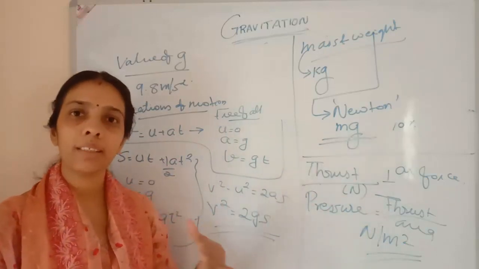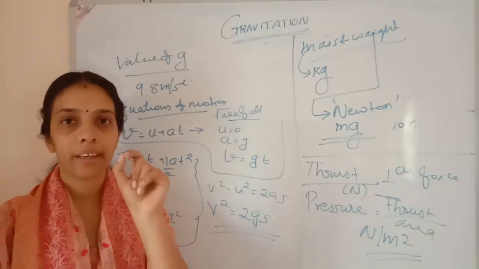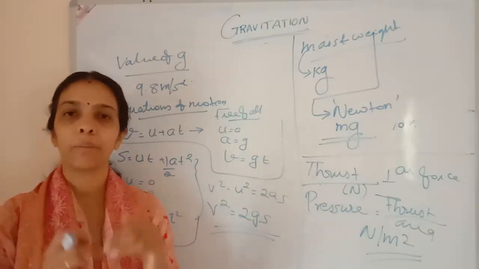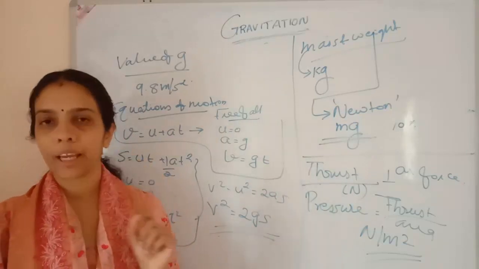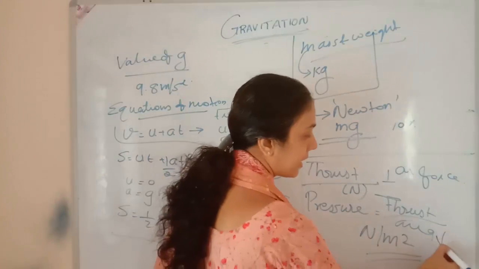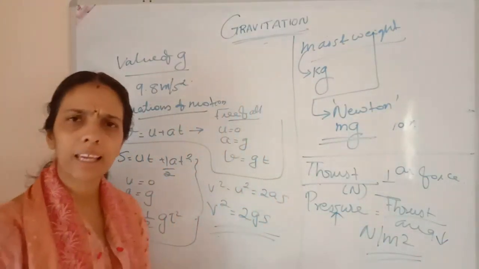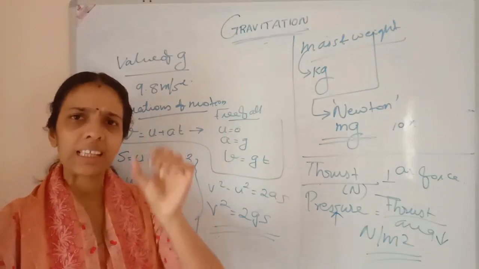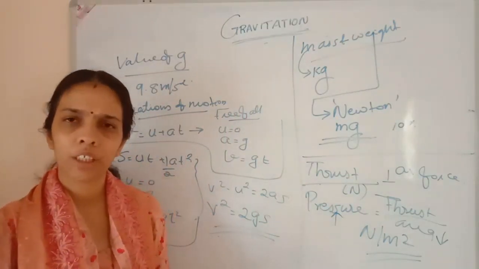Relating to that, while using a sharp end blade or a blunt blade, which will be more effective? Sharp end will be more effective, because sharp means area is decreasing, then pressure will increase. In the same way, heeled sandals or flat sandals, which will be more comfortable?